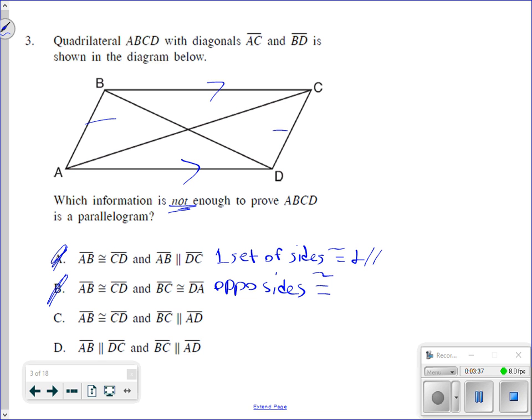Well, that doesn't seem like one of our properties, but we'll hold on to it for a second. And then choice D says AB is parallel to DC and BC is parallel to AD. That's opposite sides parallel. We know that's the definition of a parallelogram. So therefore, we're left with choice C as the one that is not enough to prove it is a parallelogram.